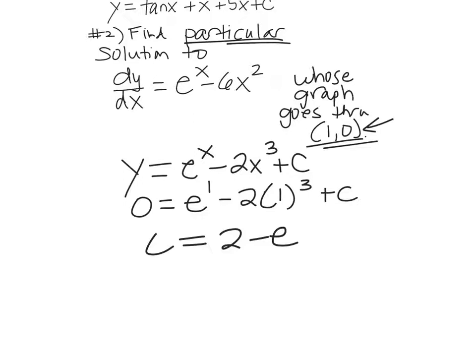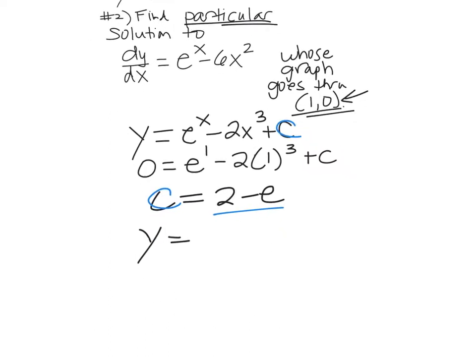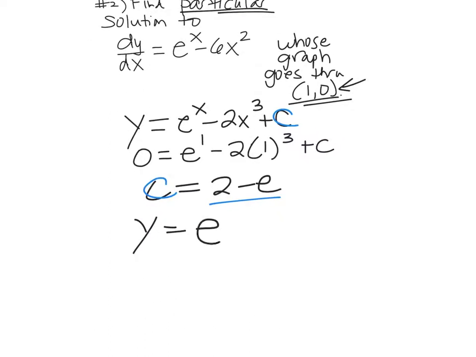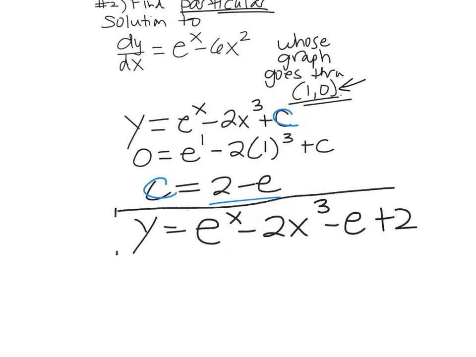So this c right here, you're going to plug it in to there. And you should get y equals e to the x minus 2x cubed, minus e plus 2. We don't want decimals or anything. And there it is. That would be your answer. Okay, so none of that should feel that new, right?